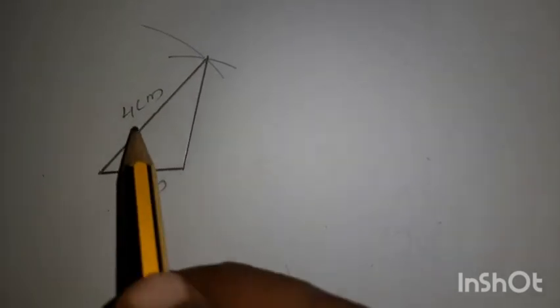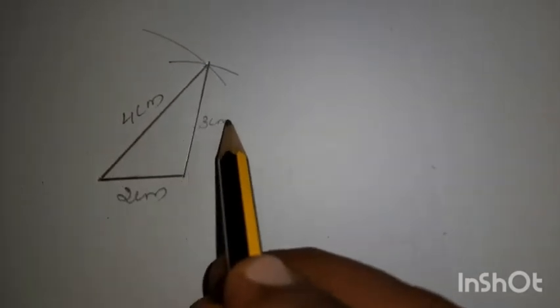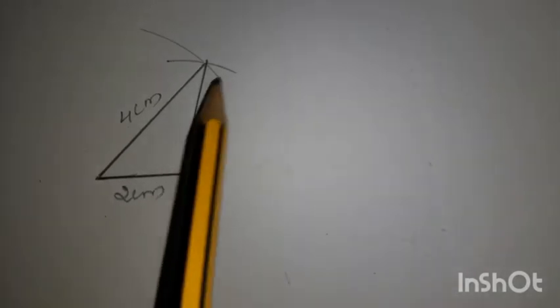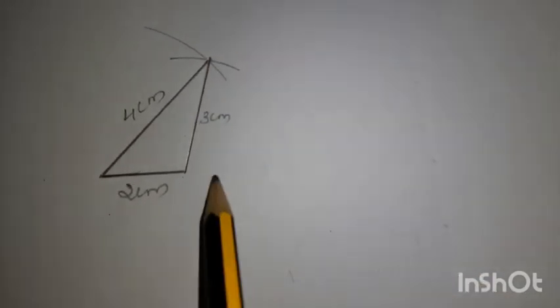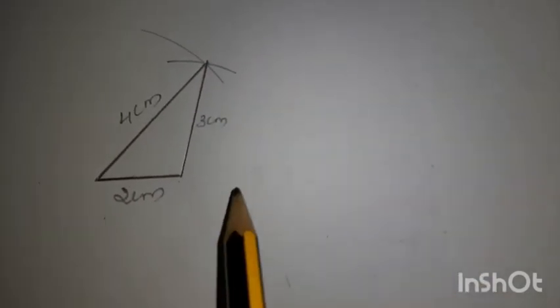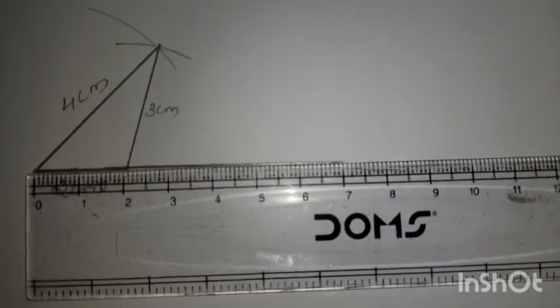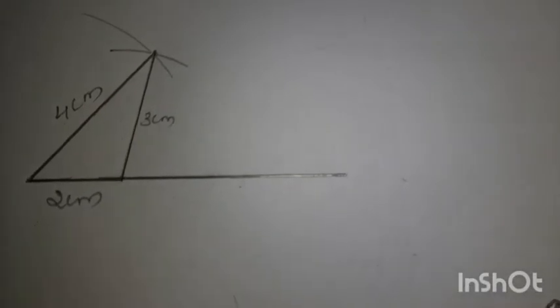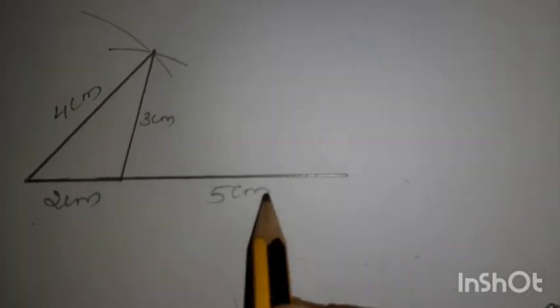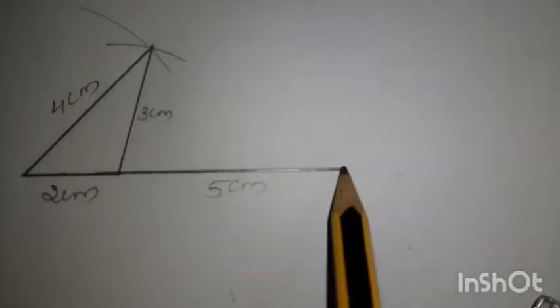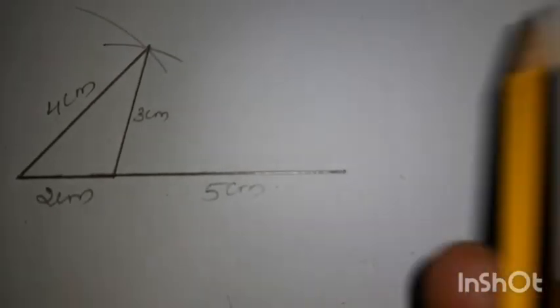So you got the triangle of 4 centimeter, 3 centimeter and 2 centimeter. Then from here you have to draw the parallelogram of sides 5 centimeter and 3 centimeter. Extend the bottom line to 5 centimeter. And from this end draw an arc of 3 centimeter.